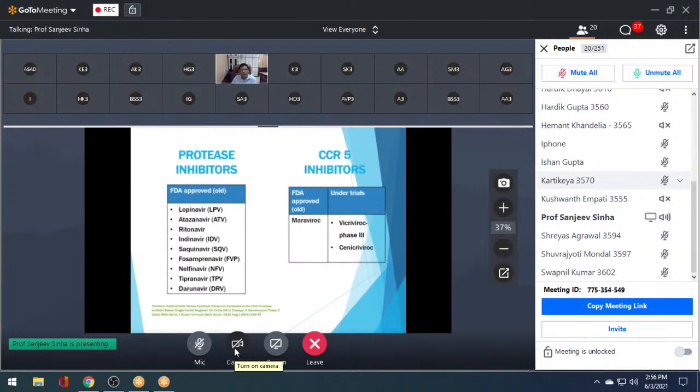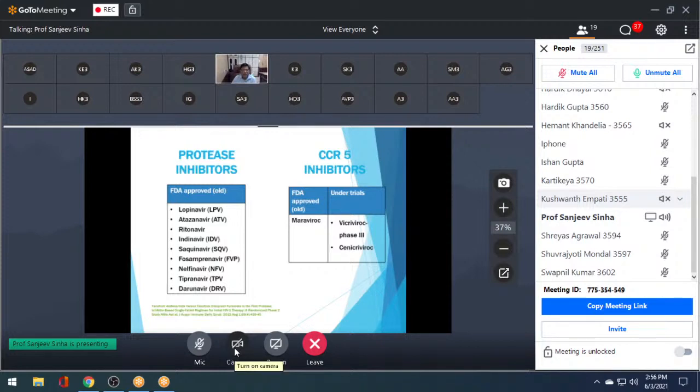So coming to the protease inhibitors. You can see here that we have lopinavir, atazanavir, ritonavir, indinavir, and saquinavir, and some more drugs like nelfinavir. These are protease inhibitors, and we are using these under the national program as a second line drug.